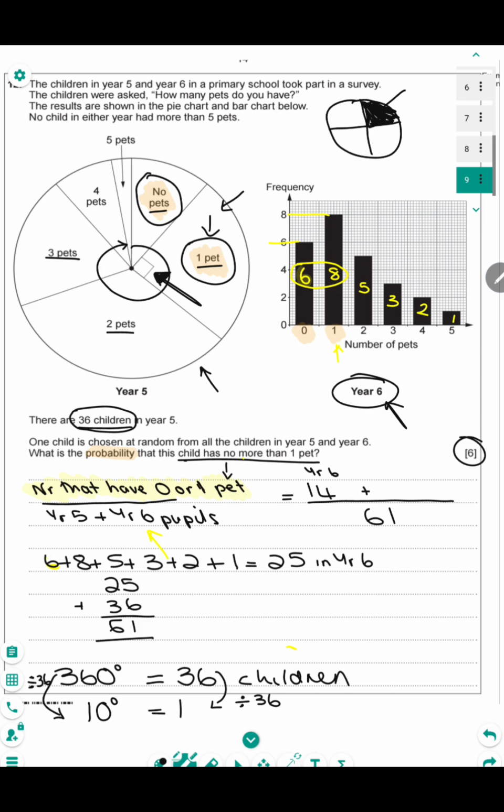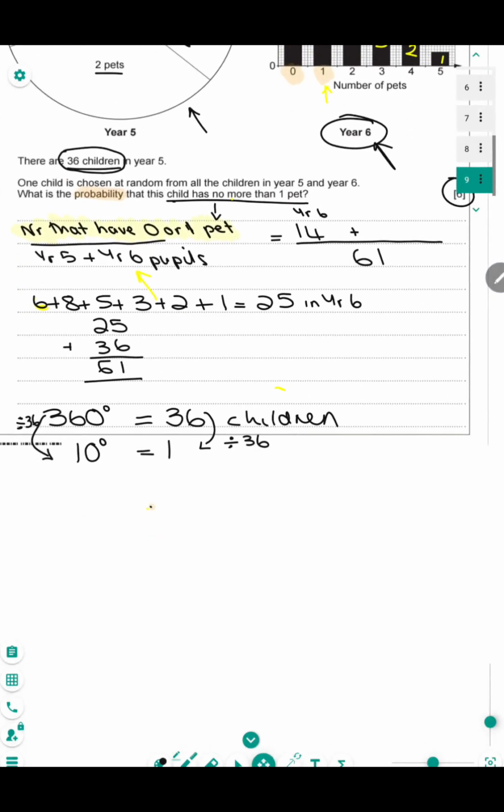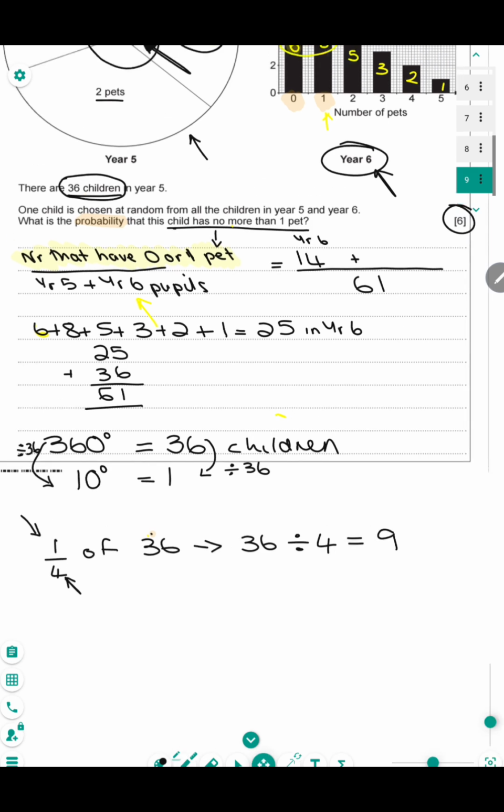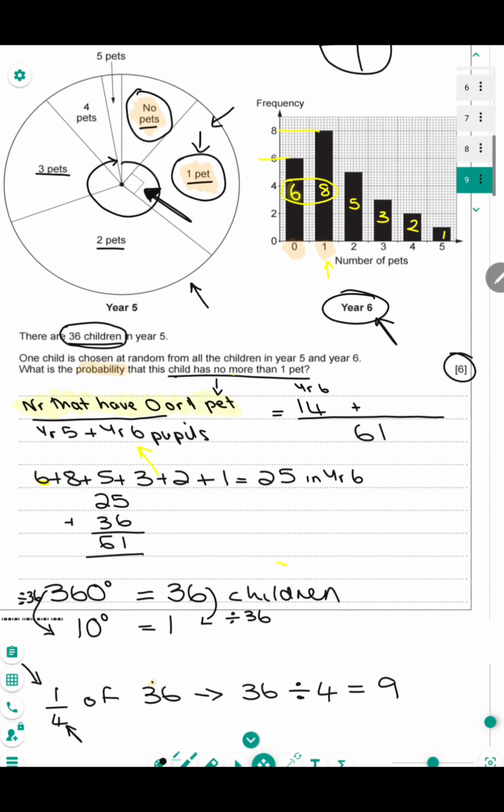So 1/4 of 36 is 36 divided by 4. With fractions, we divide by the bottom number, then multiply by the top number. So that would be 9. So there are 9 children in that group there.